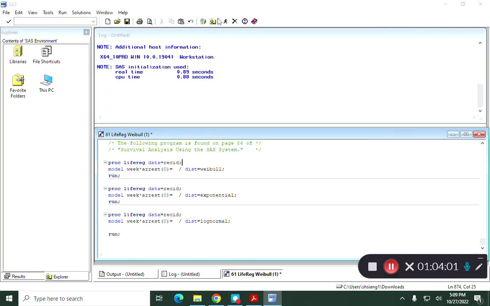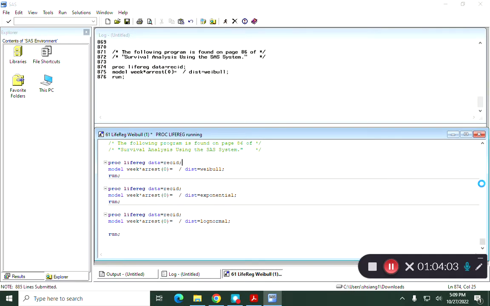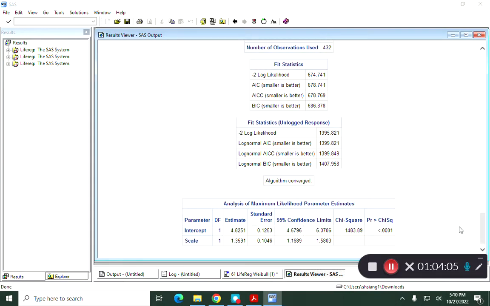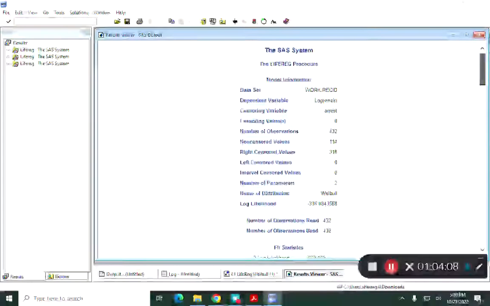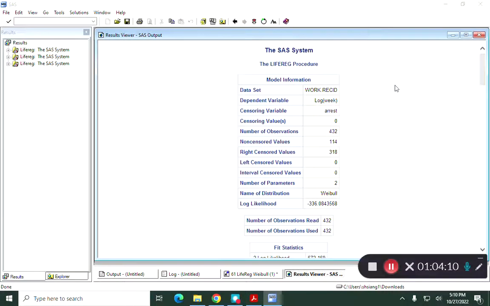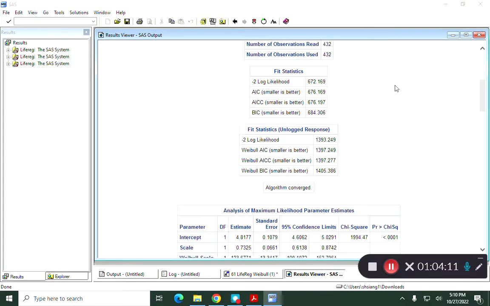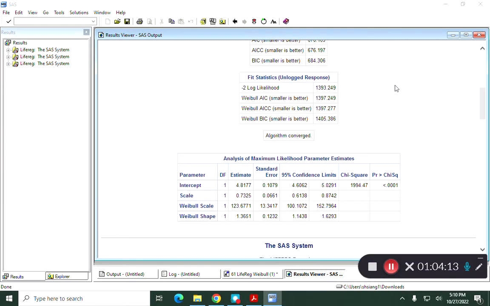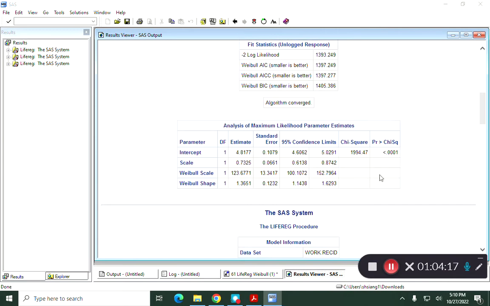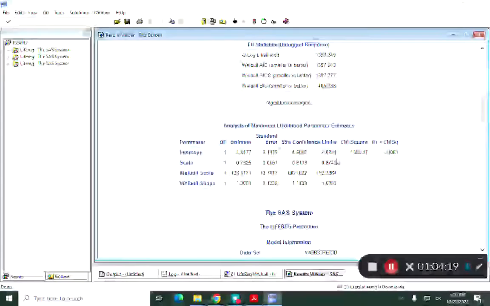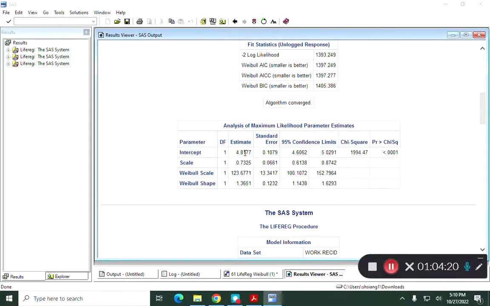If you run this, you will see it will have the life regression equal to Weibull distribution, and then it will give you all the parameters. The intercept term is your beta 0 term, okay?